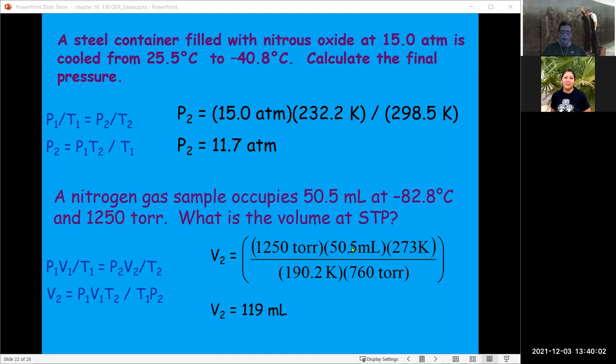up to this point, all these equations deal with going from one set of conditions, be it pressure, volume, or temperature, which is the subscript 1, to a second set of conditions, subscript 2, being pressure, volume, temperature.